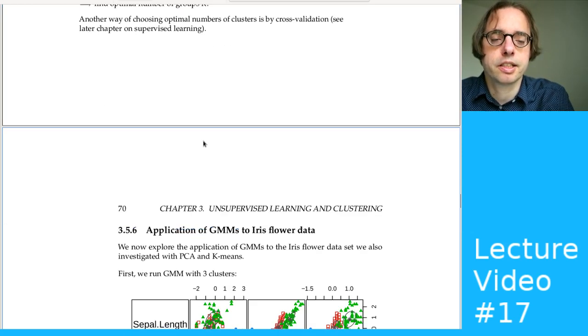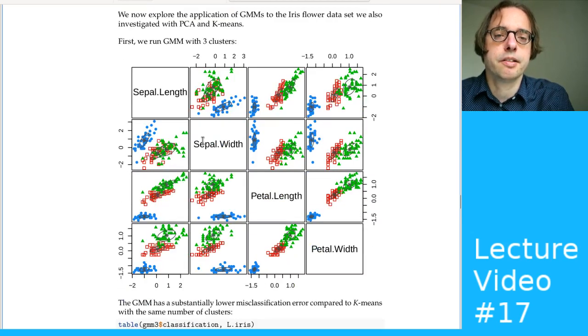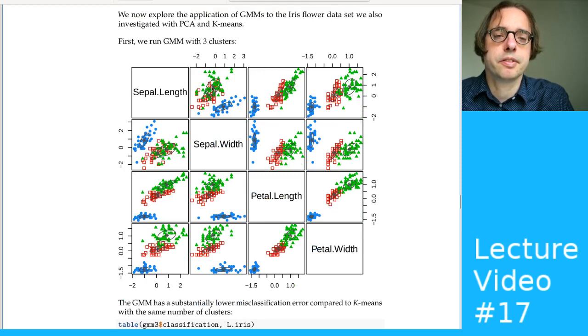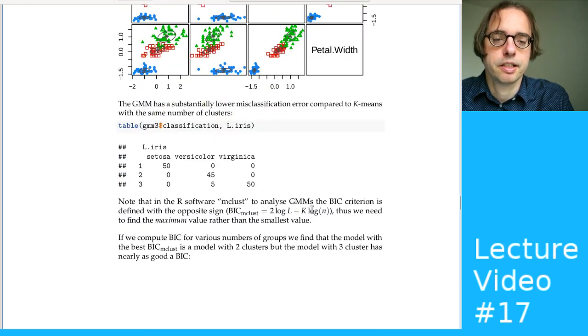So let's look at an example. Here we have our iris data set again, and if we run this with 3 clusters, so these are just a scatter plot for the 4 variables, and then compare the classification obtained by the Gaussian mixture model with the actual classification that we know, we see that there's basically no misclassification, at least compared to the k-means.